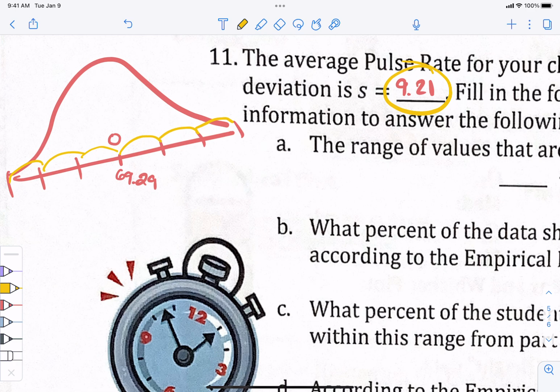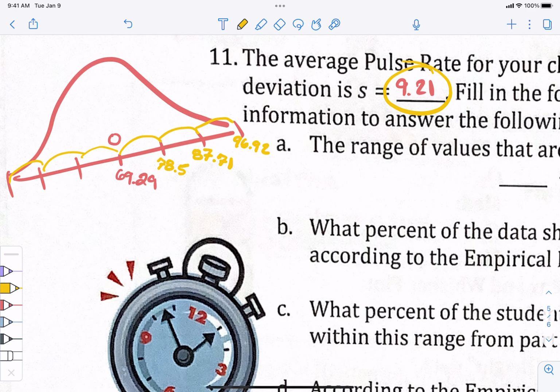Somebody have that in your calculator already? 69.29 plus 9.21 is 78.5. Plus 9.21 is 87.71. Plus 9.21 is 96.92.